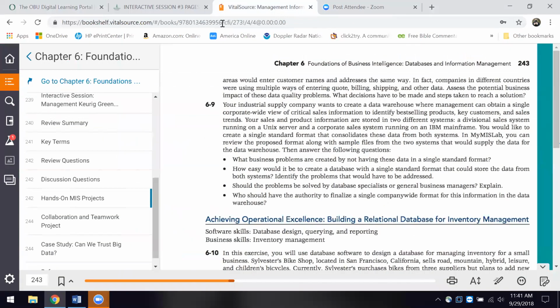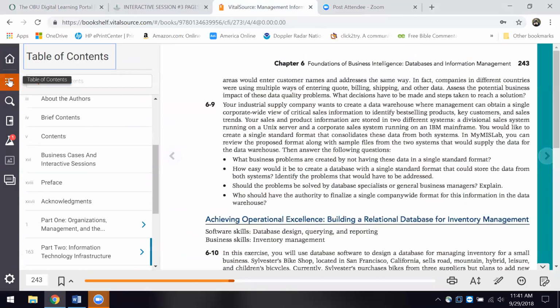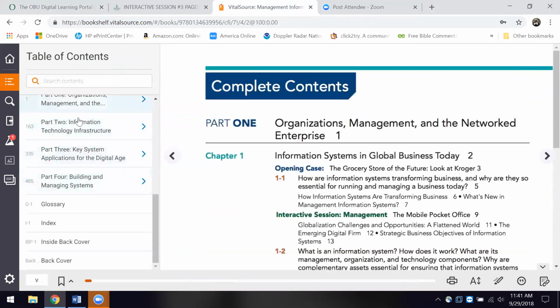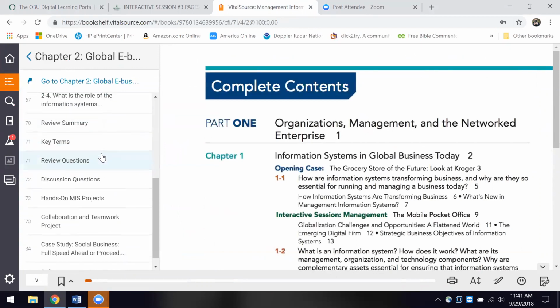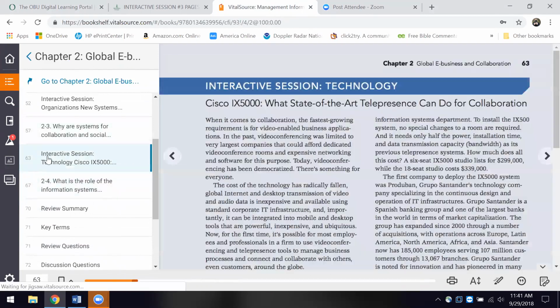And we'll go back there, and I think it's going to be back in chapter 2. Go back to the chapters. And that's back in 1. And there's that interactive session.